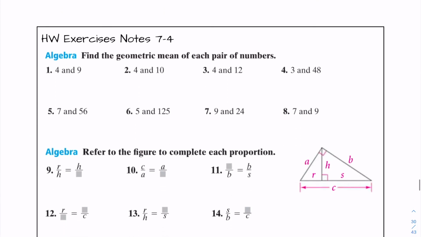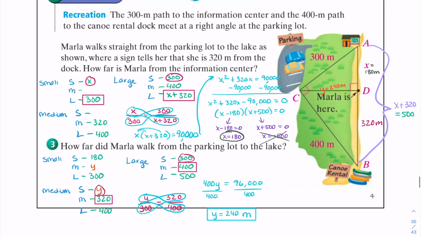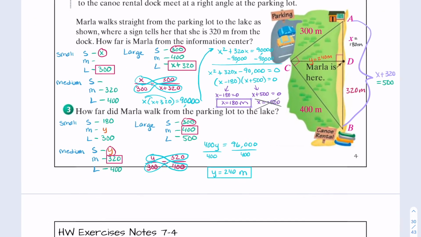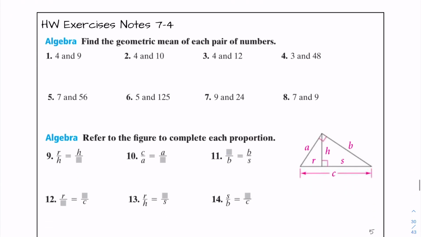And so we'll be doing 7-4. So that's good. So the answer was 180, which I circled, and meters. I should really say meters. And 240 meters. Okay? And we'll start this in class. So good luck.